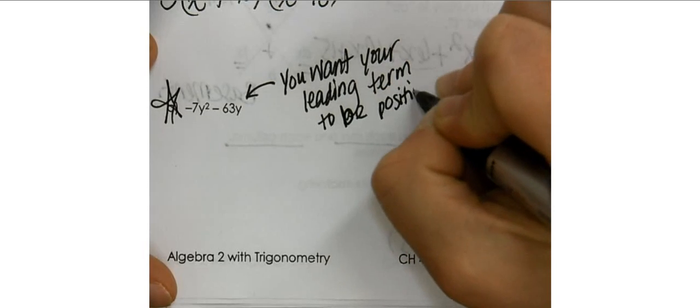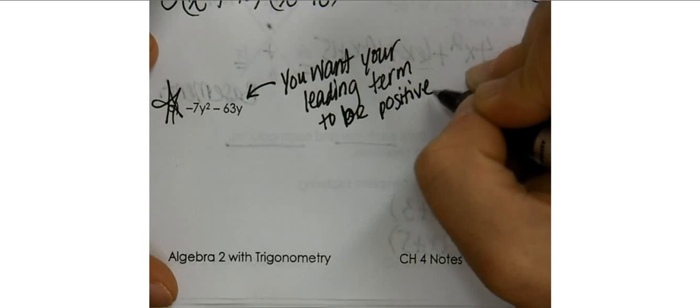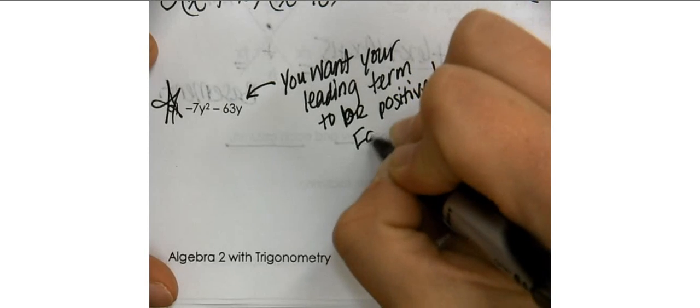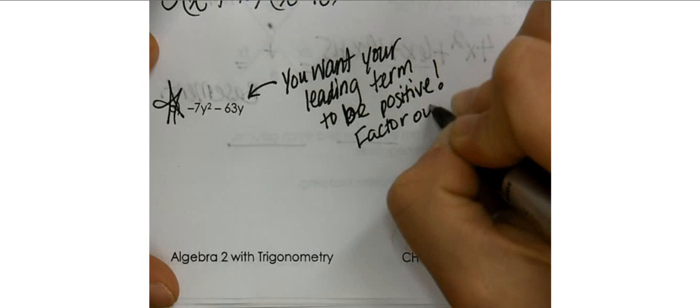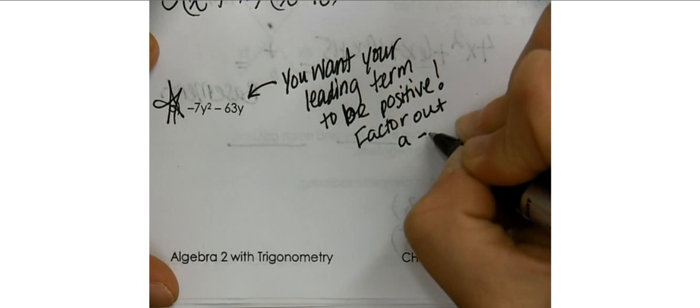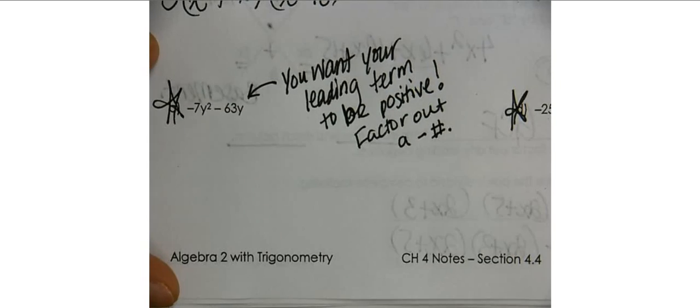So if your term is ever negative, factor out a negative number. Always factor out a negative number to make sure your leading term is positive.